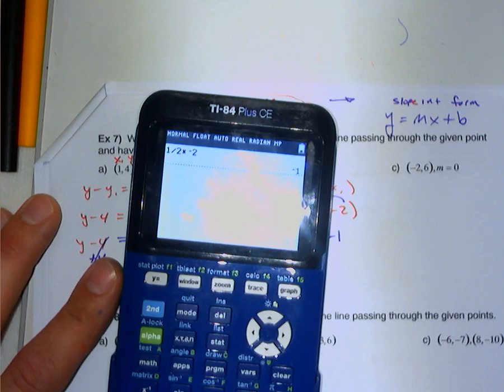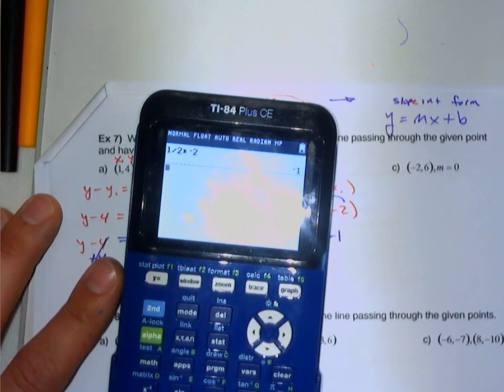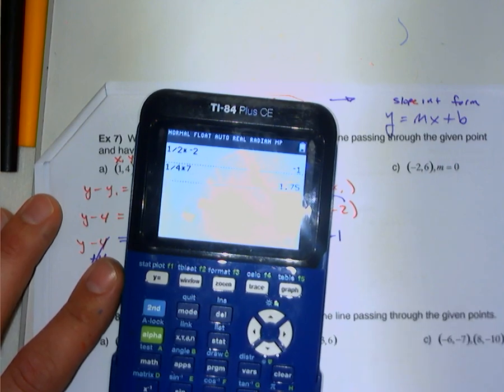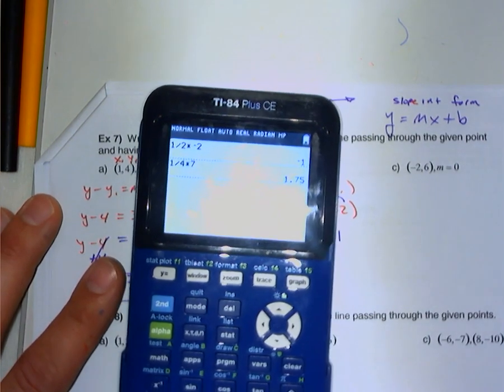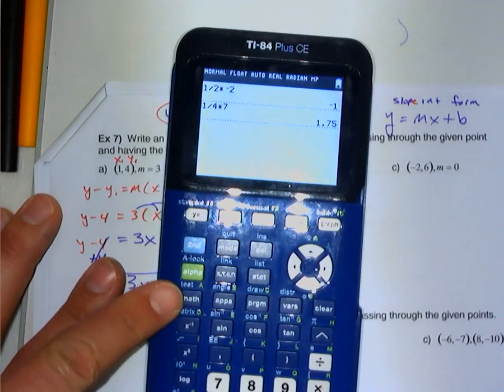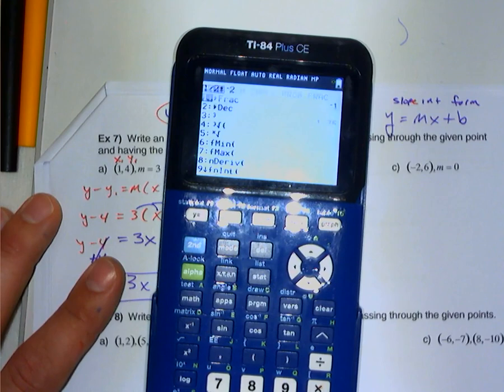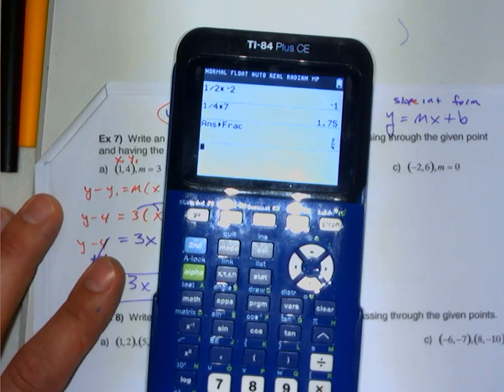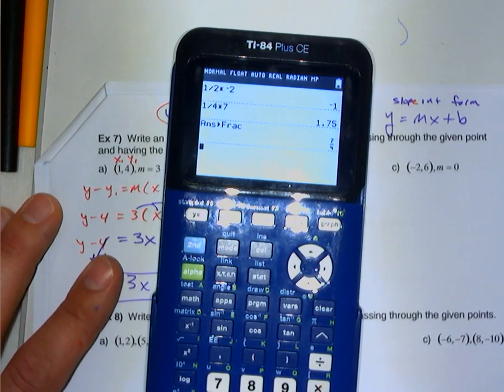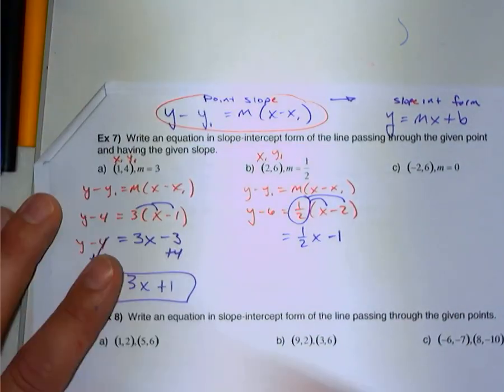If you ever get a decimal, let's say I did, just for fun, 1/4 times 7, and I get a decimal like that, there's a thing called math frac. It's in the math menu. So 3 buttons down, math menu, frac is number 1. It'll change any decimal into a fraction. We didn't have to do that on this one, but that gives you the idea.